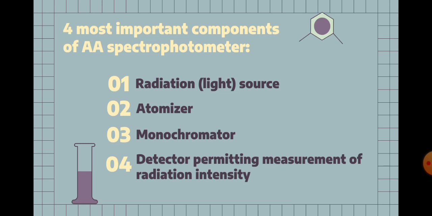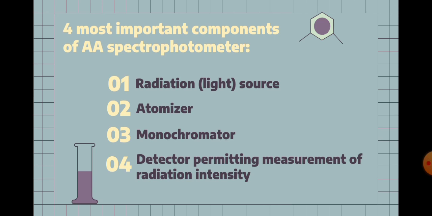First, the radiation or light source, which emits the spectrum of the analyte element. Second is the atomizer, in which the atoms of the element of interest in the sample are formed. Third, the monochromator, for the spectral dispersion of the radiation and separation of the analytical line from other radiation.